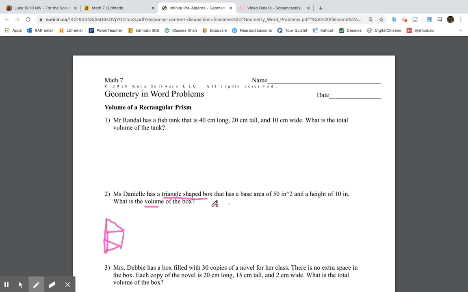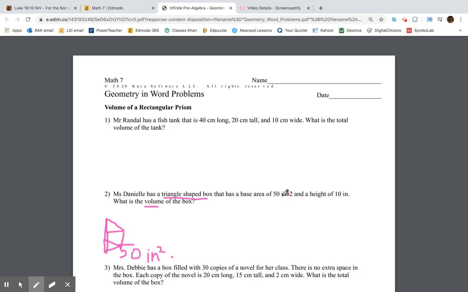And it says the base of that, it already gives you the area, which is 50 inches squared. Remember, we already have squared. For prisms, you just take the area and you multiply it by the height. That's what we did here. We found the area, multiplying those two together, and then multiplied it by the height.